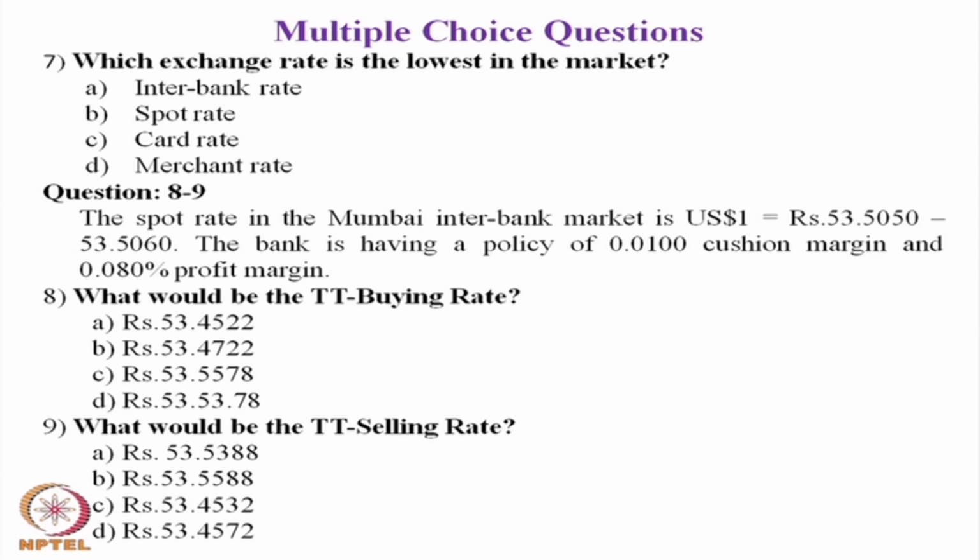The choices are for you: A, Rupees 53.4522, B, Rupees 53.4722, C, Rupees 53.5578, D, Rupees 53.5378. Mark the answer, keep it with you.